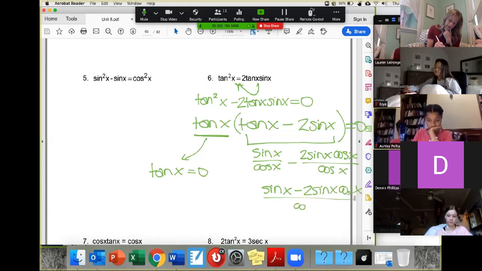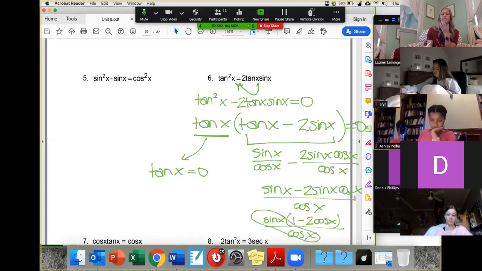And then I can take out a GCF again. Now my greatest common factor on that one is sine x, which would leave me 1 minus 2 cosine x over cosine x. What really is this right here? Tangent. Tan, right? So that's another tangent being equal to 0.